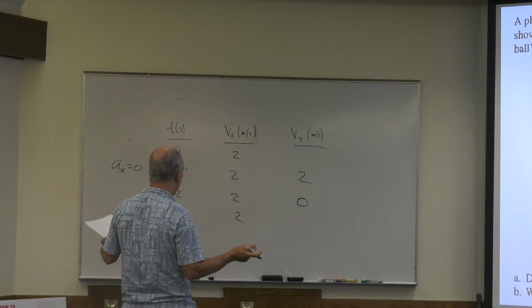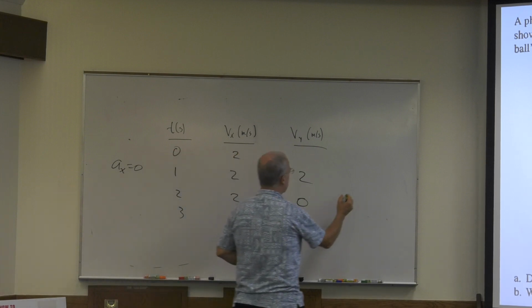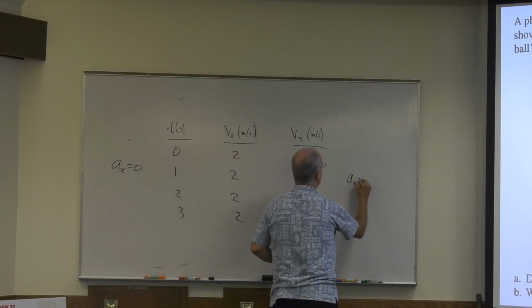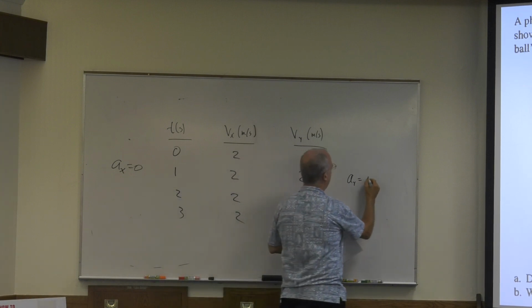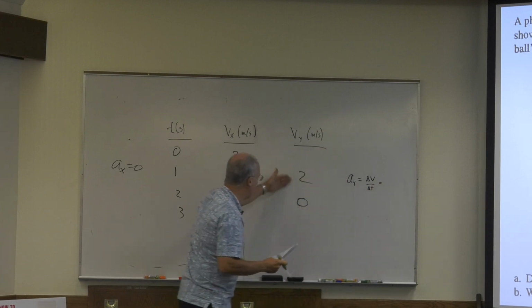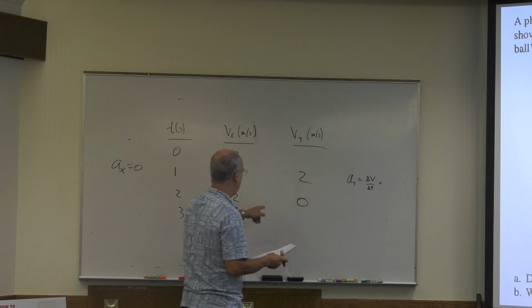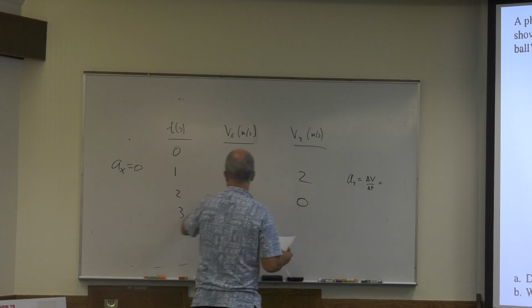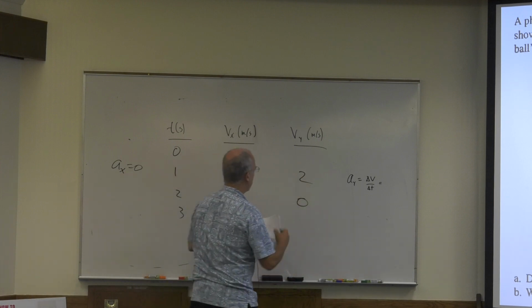Because what do we know now? Well, let's look right here. So a sub y, what's the definition of a sub y? It's the change in velocity over the change in time. Here we have some numbers. So it's going to be this minus this.